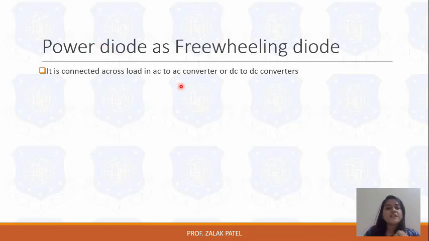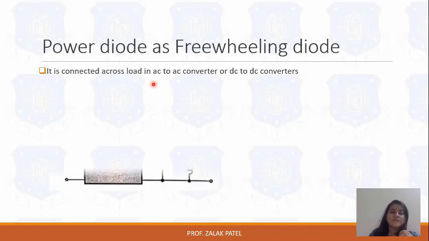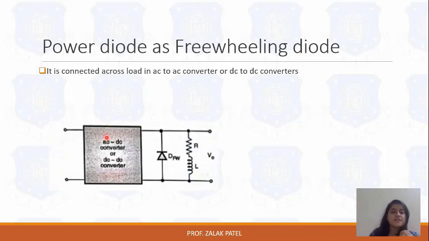For using it as a freewheeling diode, you have to connect it across the load in an AC to AC converter or DC to DC converter, means either in AC regulators, or in a chopper circuit. So here you can see an AC to DC or DC to DC converter, and across it you connect the freewheeling diode, and here is your load.